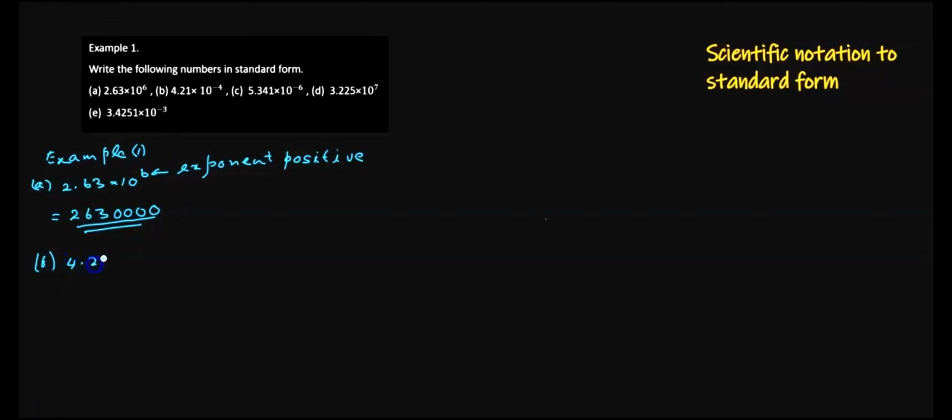Then part B. The number is 4.21 into 10 to the power -4. The decimal point should be moved 4 places to the left.